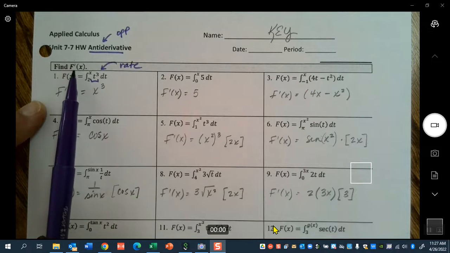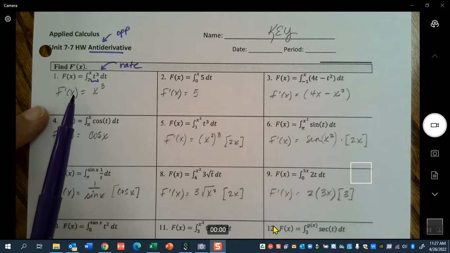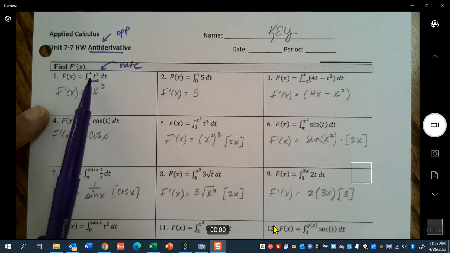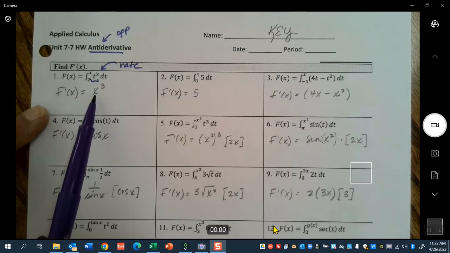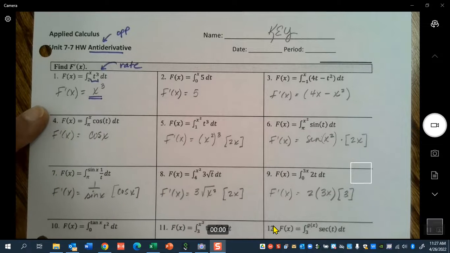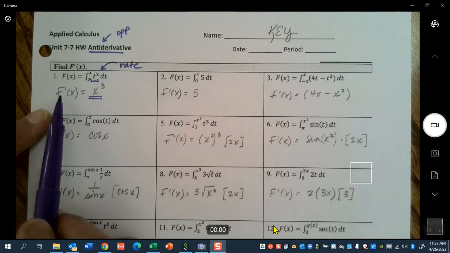So when I want to find the antiderivative, that's going to be my original function, it helps to know what the derivative of this function was, and I just put my x inside. So all we are doing right here is that is my rate, and I'm rewriting this function in terms of the original function's derivative.